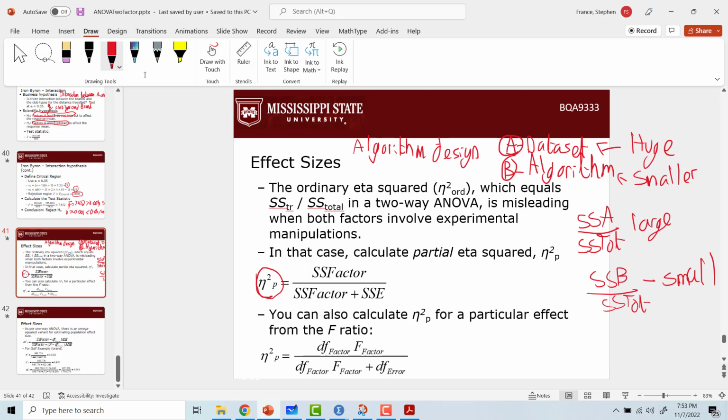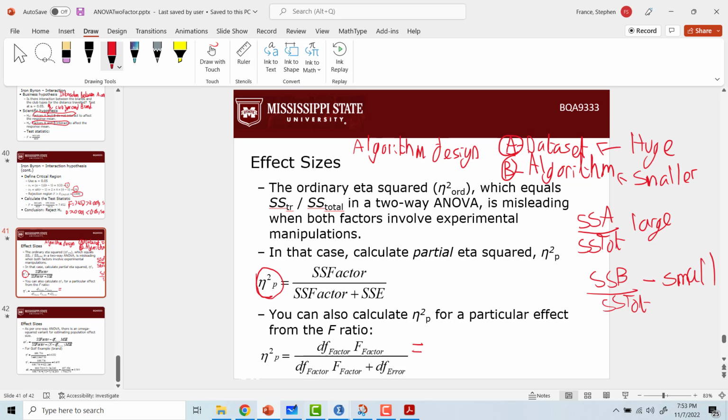And as usual, we have something we can calculate from a paper if we're doing a meta-analysis. So we have partial eta squared: it's the degrees of freedom for the factor times the F for the factor, over that plus the degrees of freedom for the error. I won't work it out, but just show you what it is.